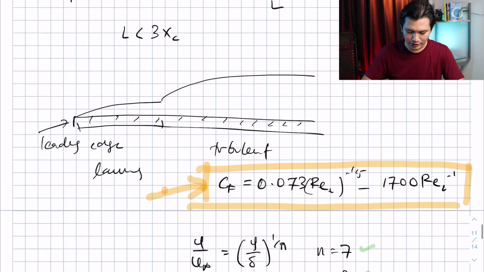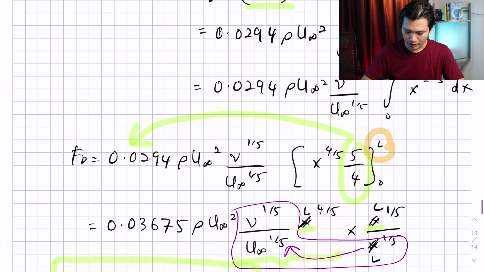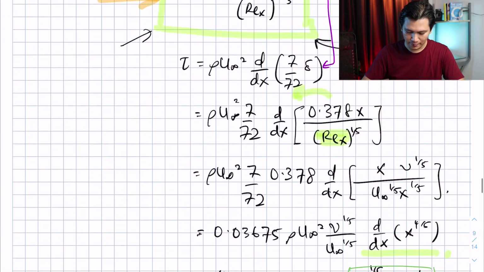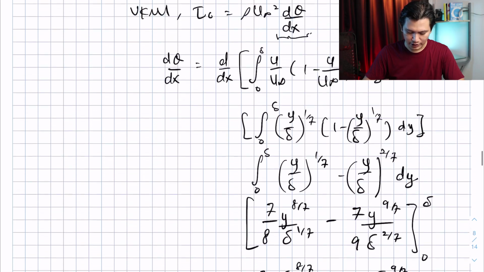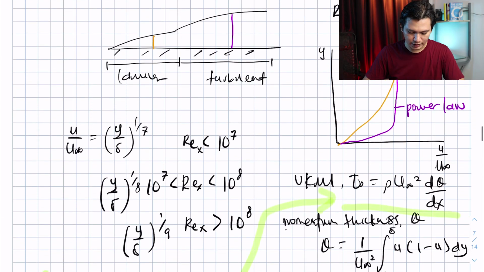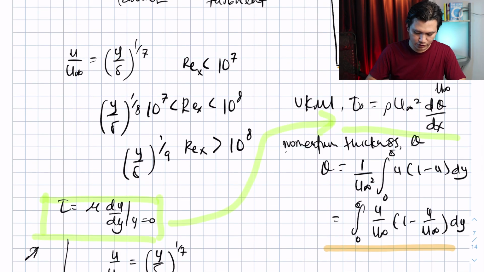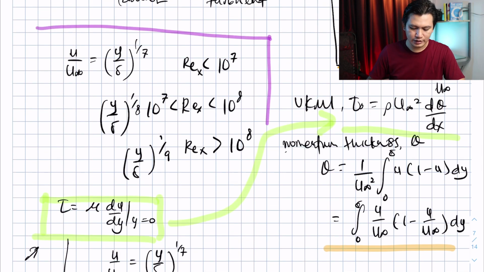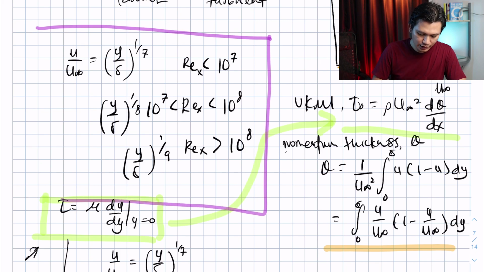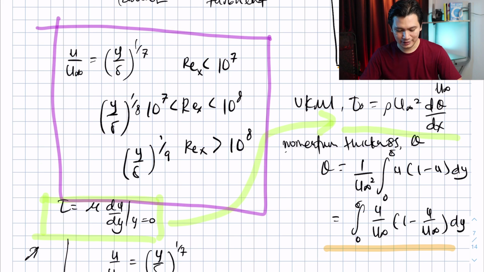Alright, and if we check the condition for using n equal to 7, I believe it's here somewhere. Okay, back to the very beginning of turbulent boundary layer. So there you go. This is the condition for using n equal to 7, right? For n equal to 7, Rex must be less than 10 to the power of 7.